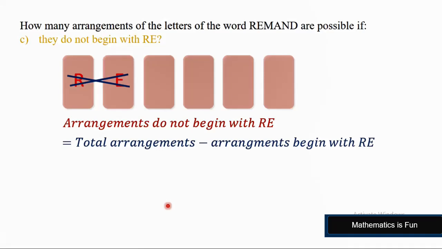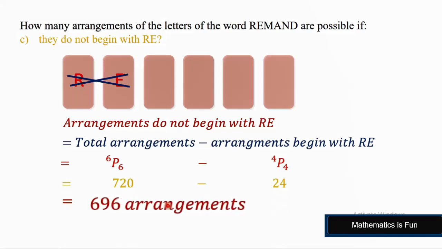The total arrangements are 6P6, and the arrangements that begin with RE are 4P4, as you have seen in parts A and B. It is basically 696 arrangements of the letters of the word REMAND which do not begin with RE.